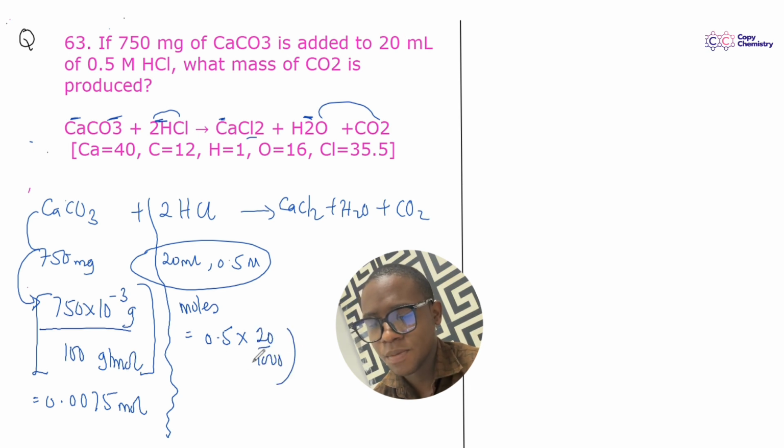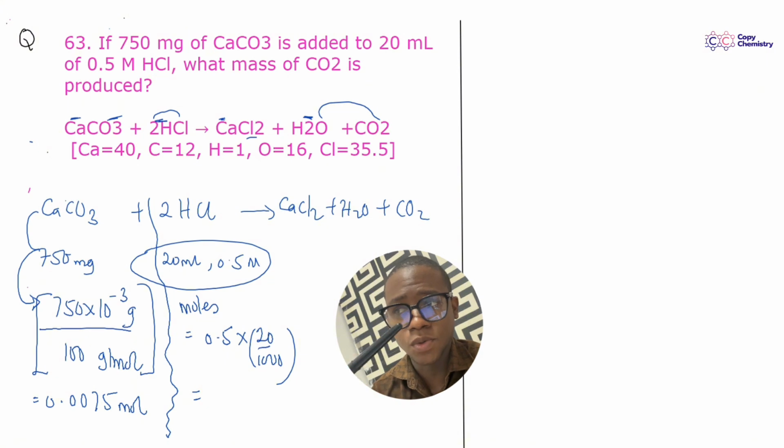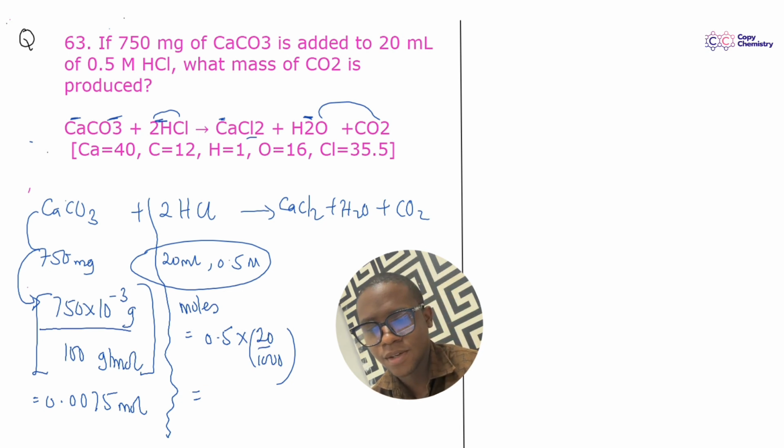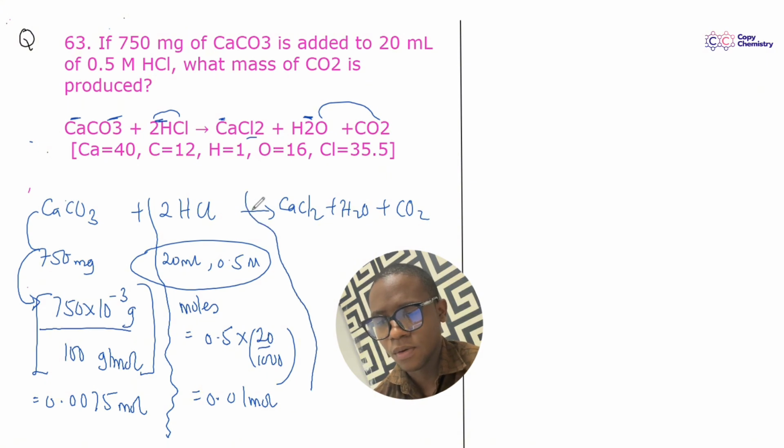But I have to divide that by 1000 for unit consistency. The 0.5 molar there is moles per liter, so I have to have my volume in liters. That's why I had to divide by 1000 to convert ml to liters. So when you work that out, you have 0.01 moles, and that's the moles of HCl.